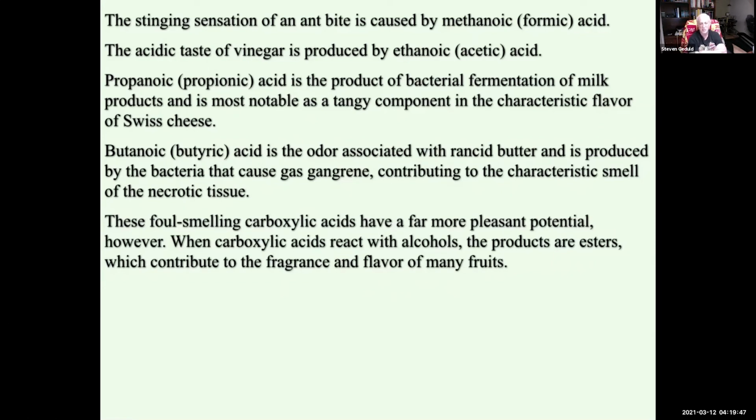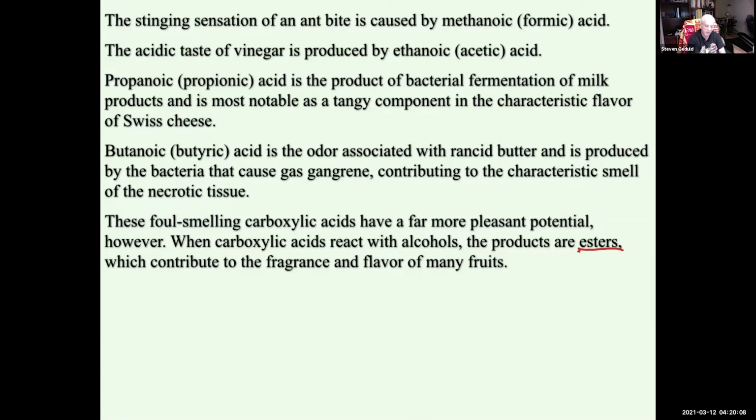When carboxylic acids react with alcohols, the products are what's called esters. Now we've got esters. They contribute to the fragrance and flavor of many fruits. Esters smell nice. Carboxylic acids stink. We create esters by reacting a carboxylic acid with an alcohol.